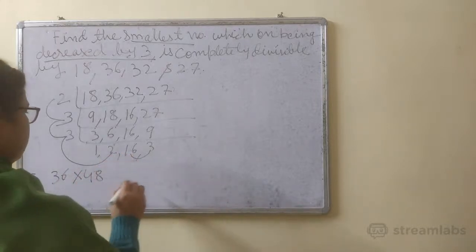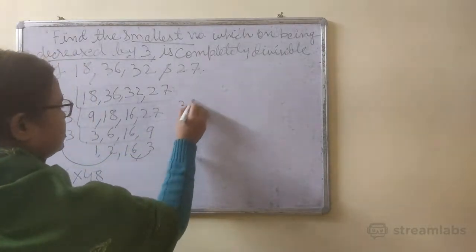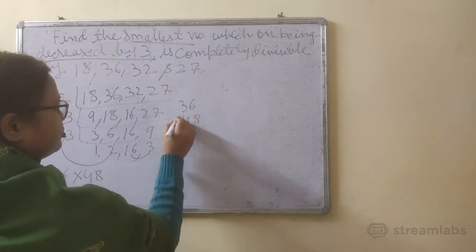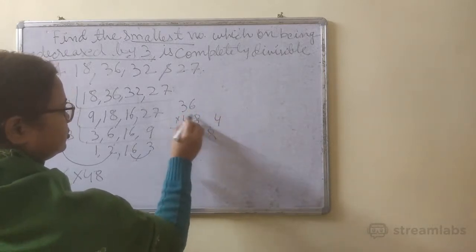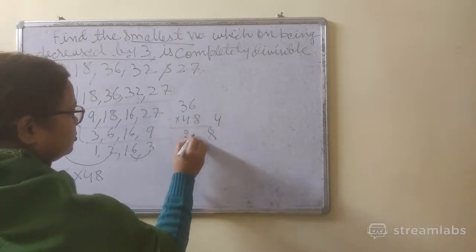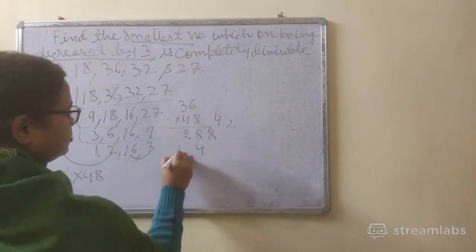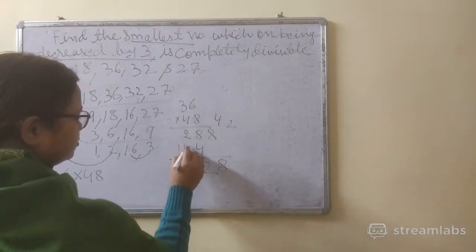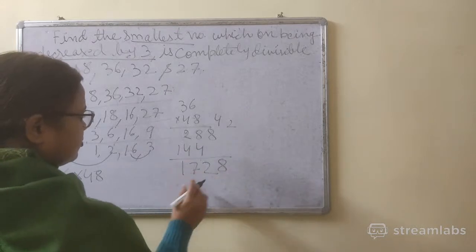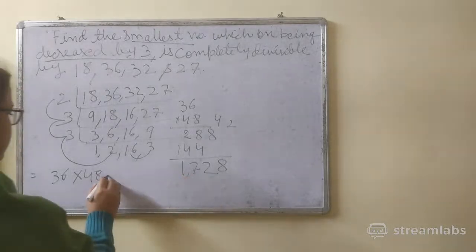Okay. So now multiply 36 and 48. You multiply. Okay. This is 1728.